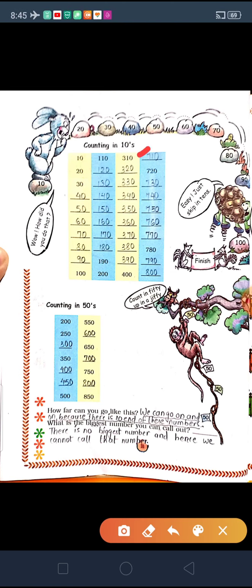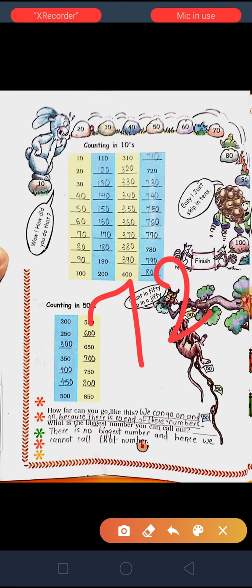Next is 310. So 310 plus 10 is 320. 330, if you add 10, then 340, 350, 360, 370, 380, 390 and 400. Then here the first is not given, but the second blank is given, that is 720.